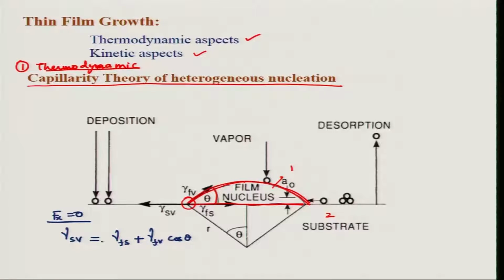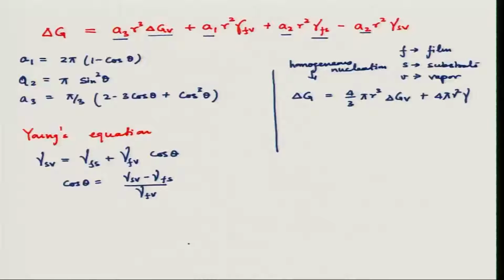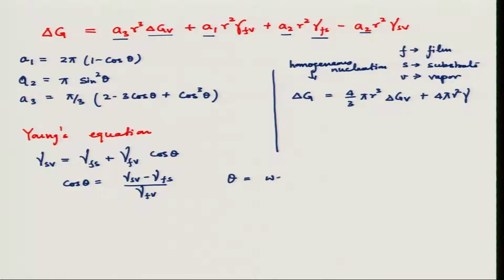This is Young's equation, which I have written here, and from this we can calculate the angle of that nucleus onto my surface. This theta angle is also called the wetting angle or contact angle.